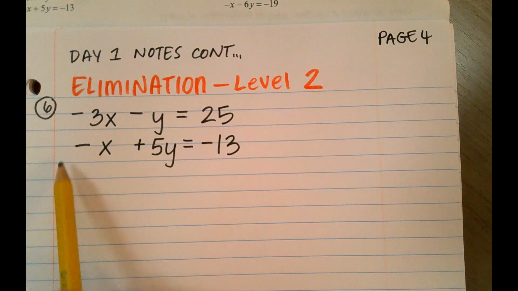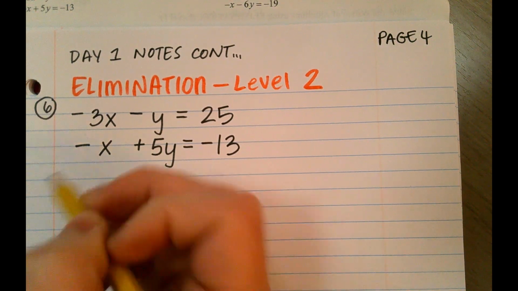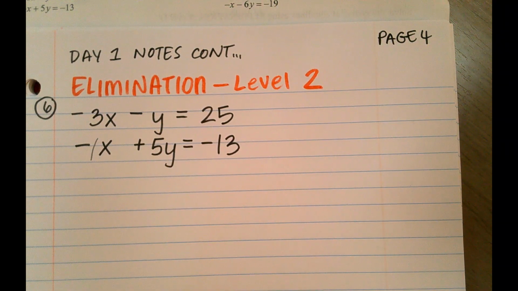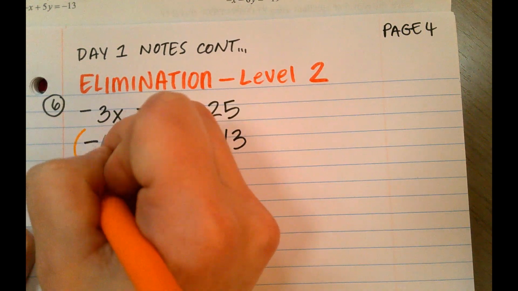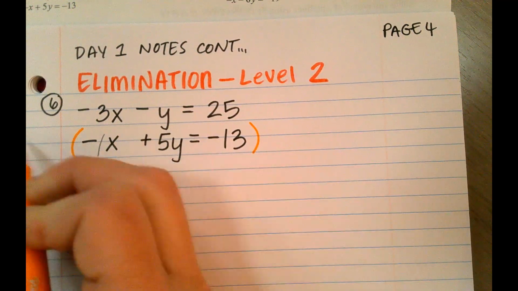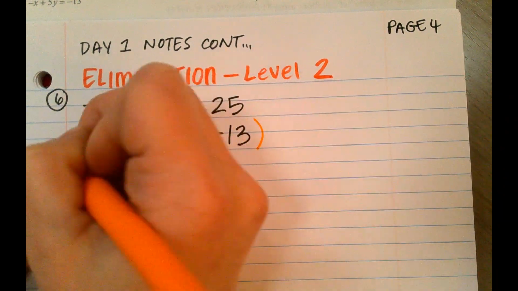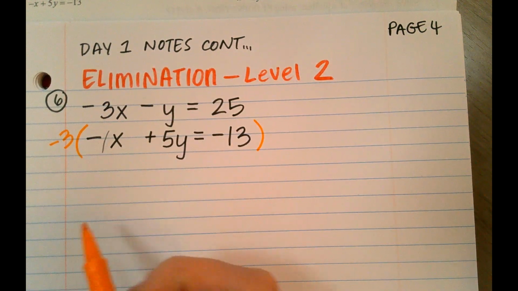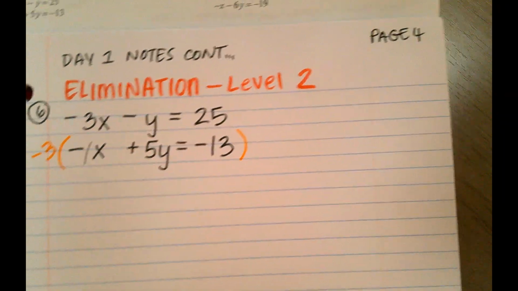So if I'm just focusing on eliminating the x's, what could I multiply times this negative 1 to make it become 3x? Negative 3. Yes, yes. If I multiply this whole equation, the whole thing, both sides, by negative 3, then negative 1x becomes positive 3x, which will cancel there.